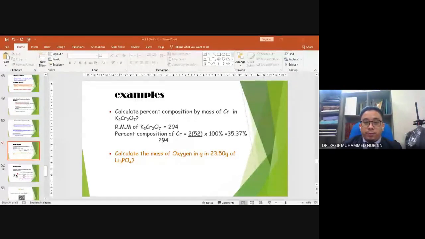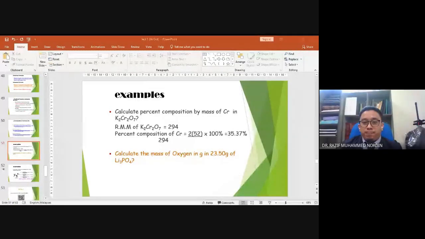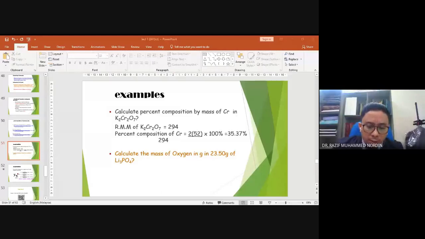Berapa dapat untuk oksigen? Saya harap you all akan dapat 38 point berapa ni? 0.1%. Ada 10% di sini.